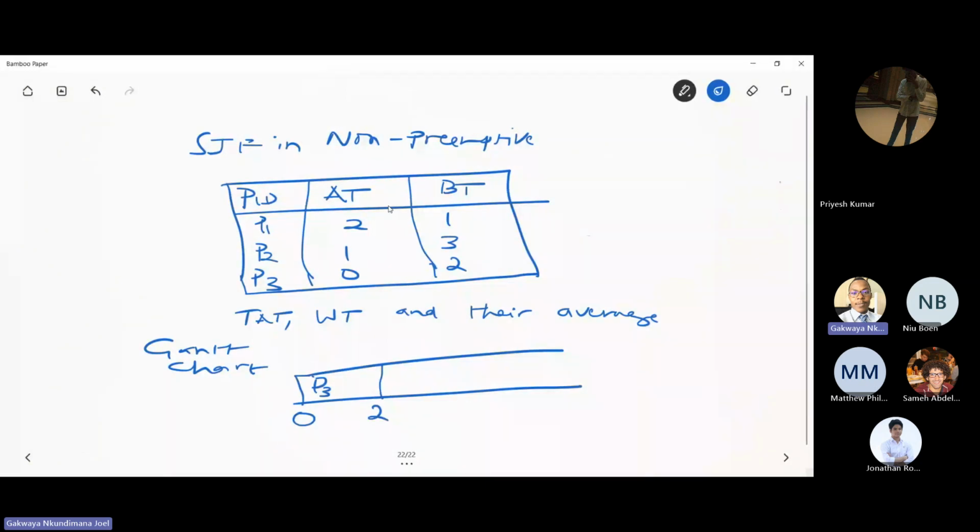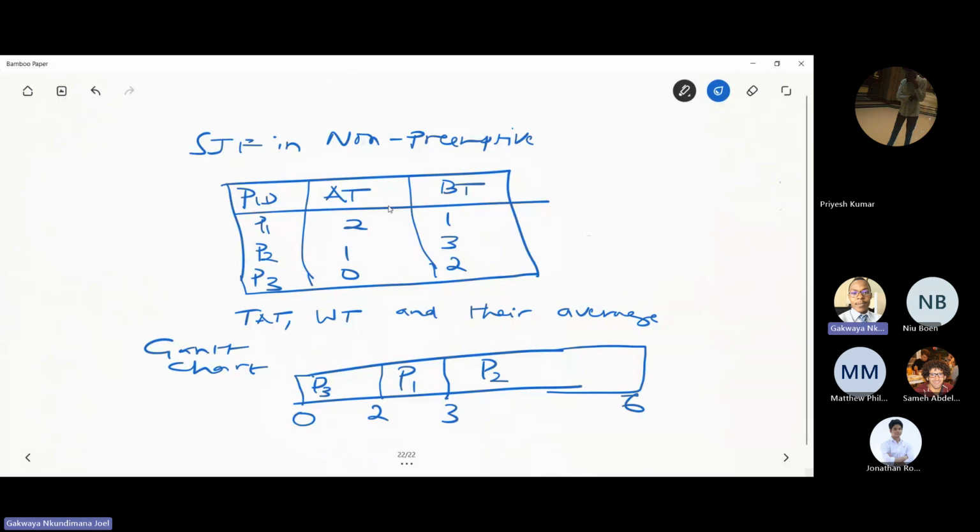We put here P1, and the completion time for P1 is going to be 3. It was given 1, plus the 2 which you have here, so it's going to be 3. Now the last one is P2, and the completion time is going to be 6.